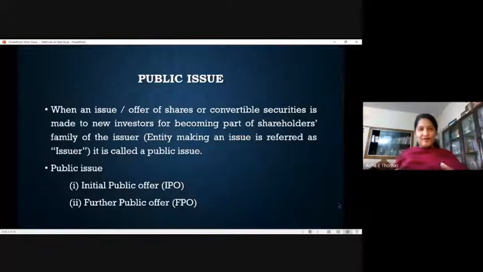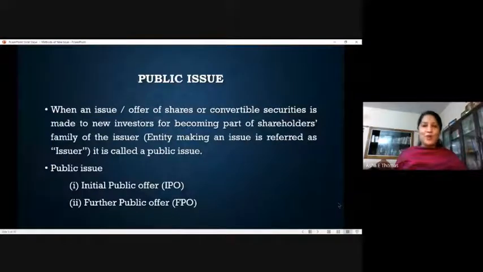It is issued by the company by way of making an offer to the public, and this can be shares or convertible securities, which normally have an option to convert into another form. Suppose it comes up with shares, it may have an option to convert into a debt instrument in future or vice versa. That's why we say convertible securities. It is made to new investors for becoming part of the company's ownership, that is, for becoming company shareholders. The company making the offer is called the issuer.